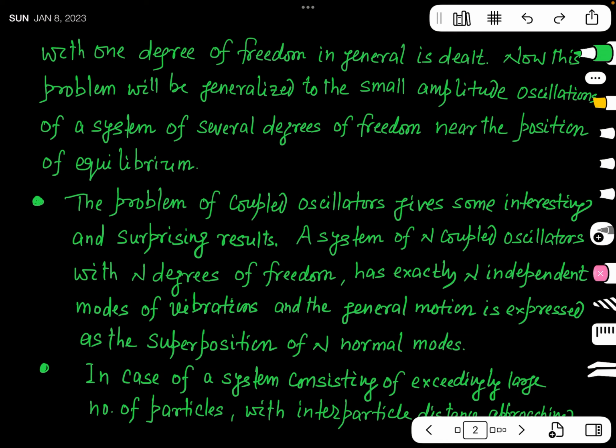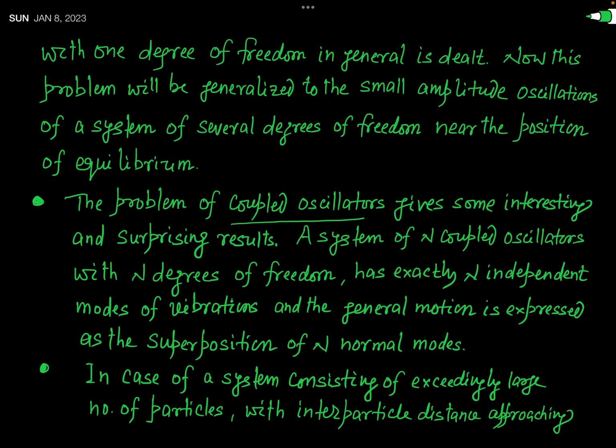In fact, when we study this chapter, we will solve the problem of coupled oscillators. While studying coupled oscillators, you will see there are some very interesting and surprising results.